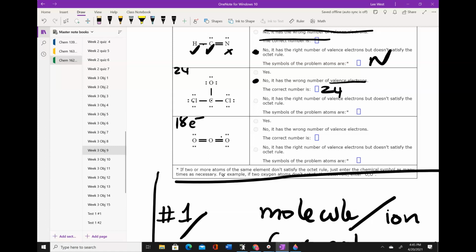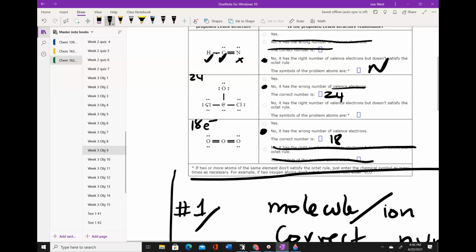So that Lewis diagram is out by 2 electrons. It has the wrong number of electrons. It should have had 18, right? Because we should get 6 for that guy, 6 for that guy, and 6 for that guy. So it's incorrect. So that's it, right?